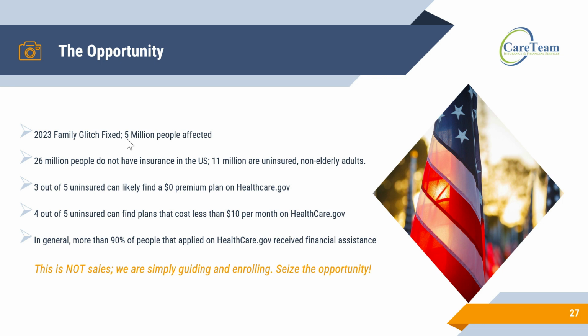In addition to this, we have 26 million people today that do not have insurance in the US. And out of those 26 million, 11 million are not elderly adults. And what we found is that 3 out of 5 of the uninsured can likely find a zero premium plan on healthcare.gov. 4 out of 5 of the uninsured can find plans that cost less than $10 per month on healthcare.gov.